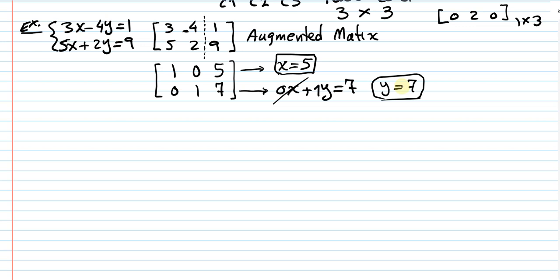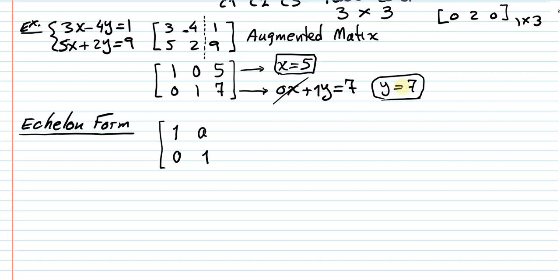Now, in this section, we're going to talk about the echelon form of a matrix. Remember, an echelon is like a staircase formation. A matrix is in echelon form, in the case of 2 equations and 2 unknowns, if it's in a form like this. This is called the echelon form of a matrix.